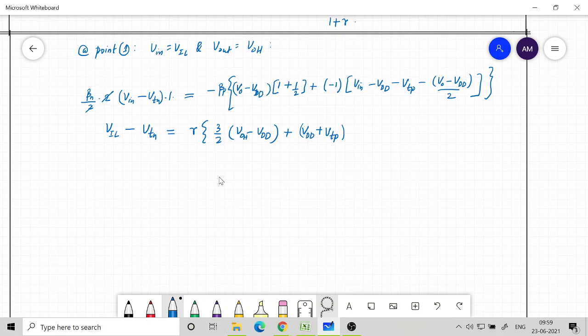Then Vn is also there, so that will become negative. So negative Vn is VIL, and then one more term which is plus V naught, which is VOH.